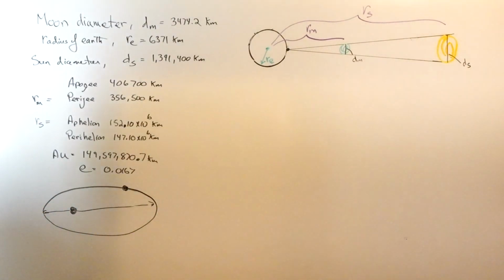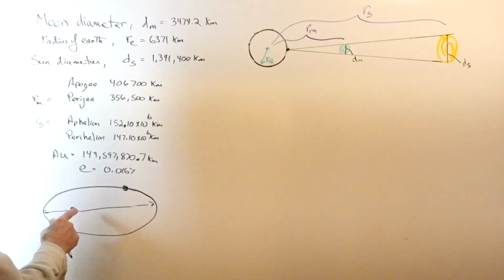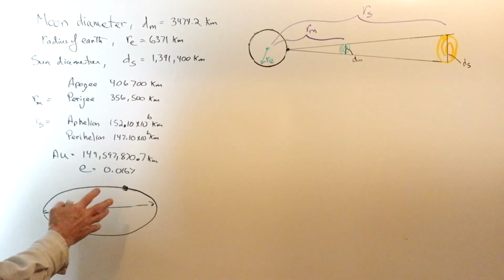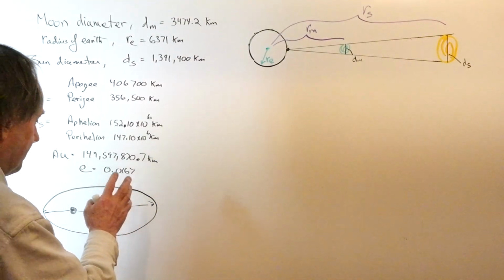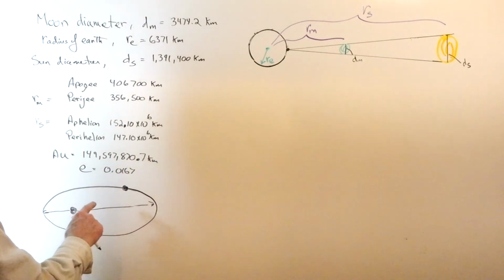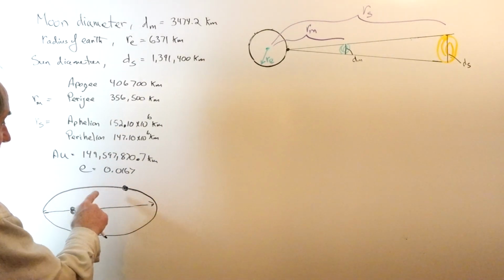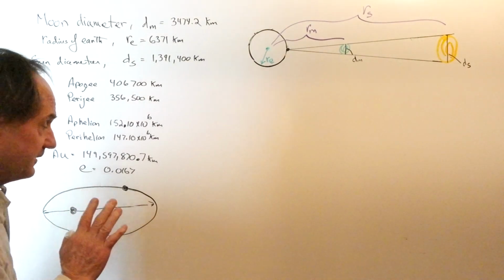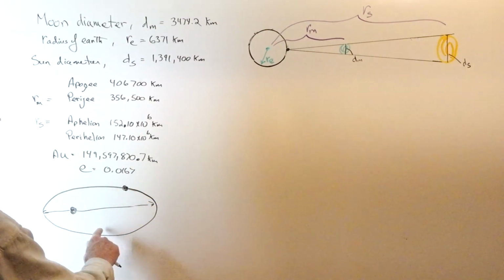Now, for the Earth and the Sun, the same thing happens, except now we have the Sun located at the focus of an ellipse. I've talked about this in another video where I've discussed ellipses. You're always guaranteed that the central body is at the focus of an ellipse. So here we have the Earth orbiting.